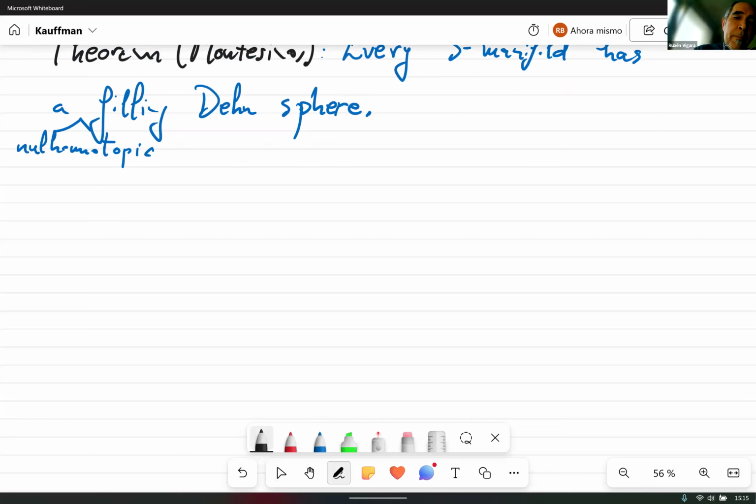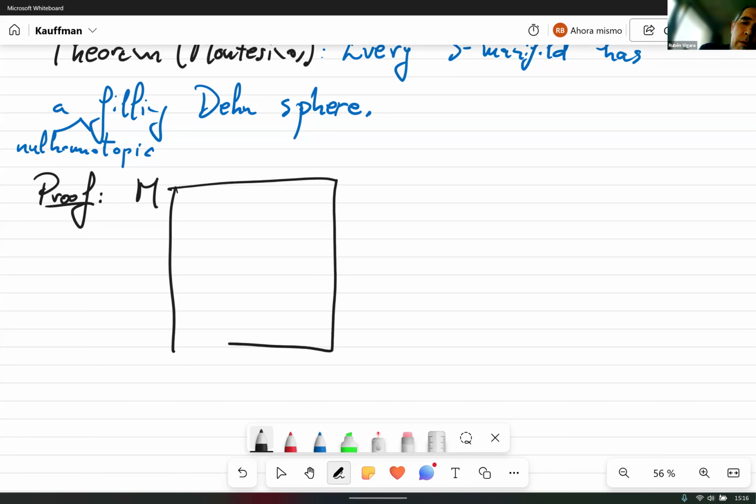Okay. Well, as a schematic proof, any three-manifold, we can fill with many embedded balls.